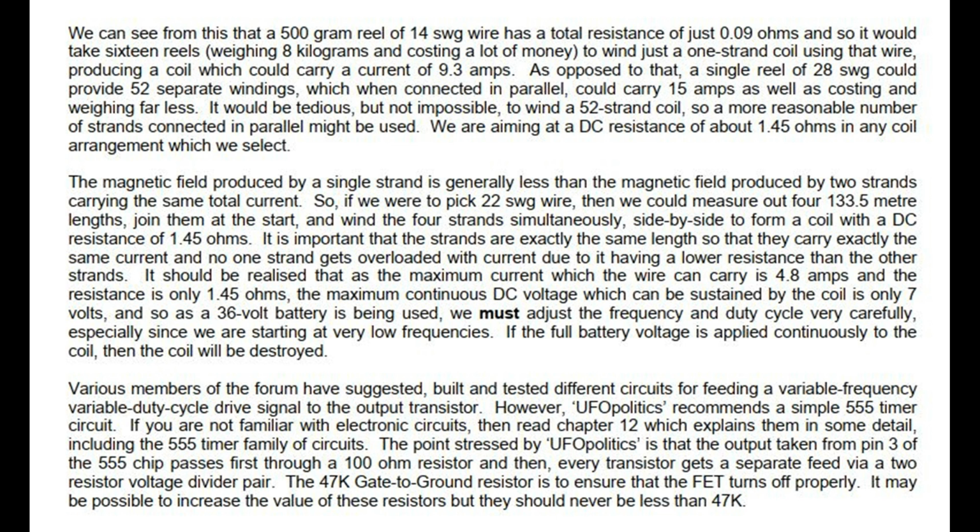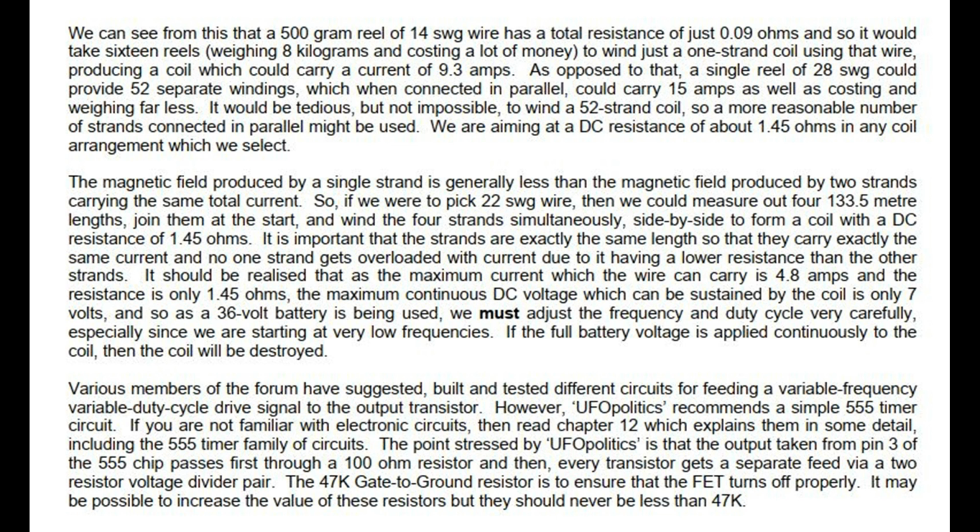The point stressed by UFOpolitics is that the output taken from pin 3 of the 555 chip passes first through a 100 ohm resistor, and then, every transistor gets a separate feed via a 2 resistor voltage divider pair. The 47K gate to ground resistor is to ensure that the FET turns off properly. It may be possible to increase the value of these resistors, but they should never be less than 47K.